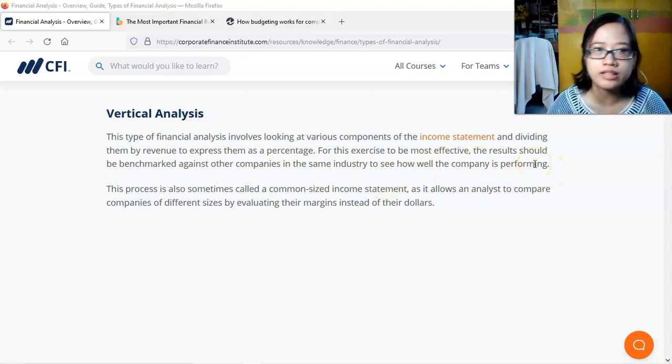So, right, in the fundamental analysis video, we mentioned that you don't only look at the financial statements of the particular company. You have to compare it with the industry data so you know if it's actually performing well or if it's performing worse compared to the other companies in the same industry.